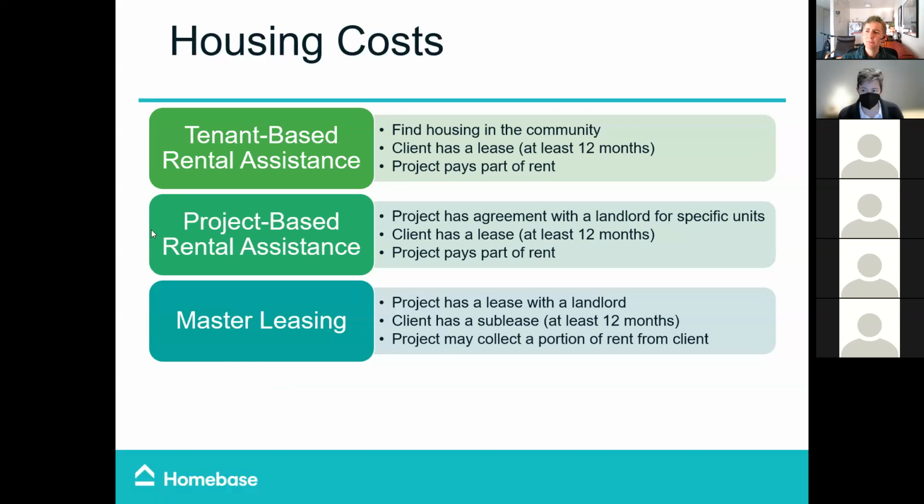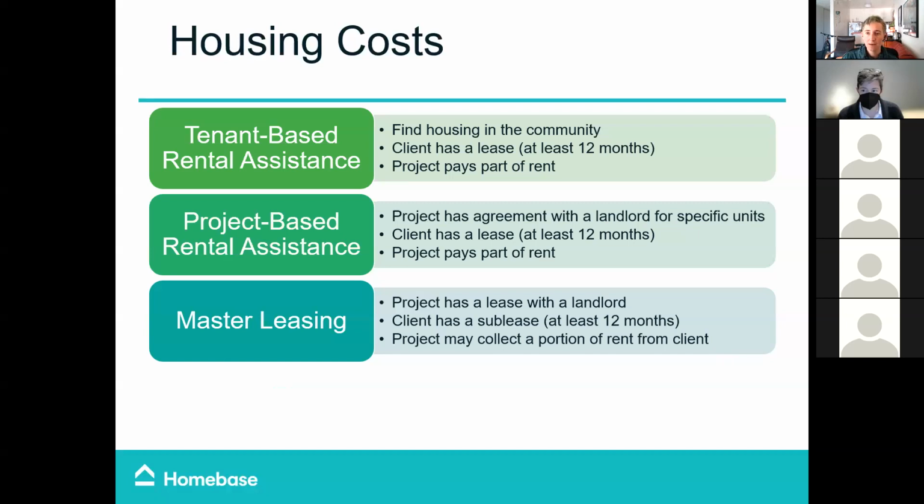So these three types of funding are typically not combined in one project. You would choose for your particular project whether you want to do tenant-based rental assistance or project-based rental assistance or master leasing. You can also choose to not request any of these line items in your grant.